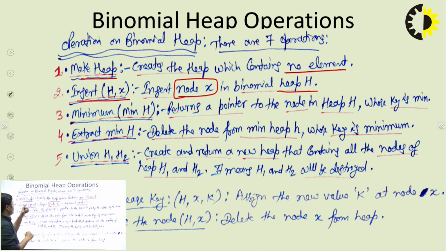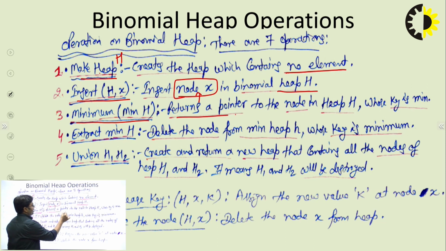So, we have created binomial heap h in which we have inserted node x. So, insert h comma x works as inserting node x in the recently created binomial heap. We can find the minimum value in a particular binomial heap by the operation minimum h.